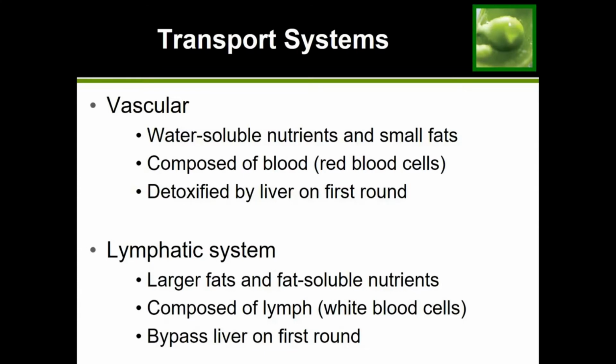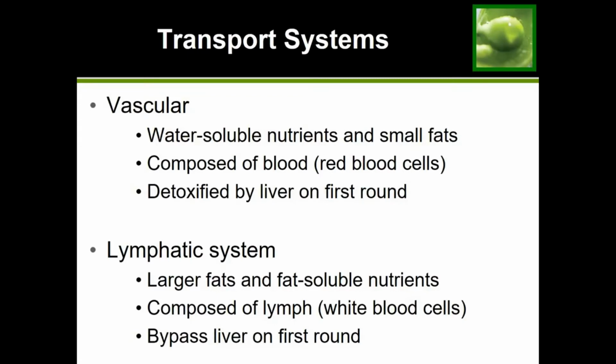There's also a difference in what they are composed of, which is blood, or our red blood cells, for our vascular system. So the vascular system is your bloodstream, and the lymphatic system is made of a substance called lymph, which is primarily composed of white blood cells. Another difference is the way that they are handled by the liver.